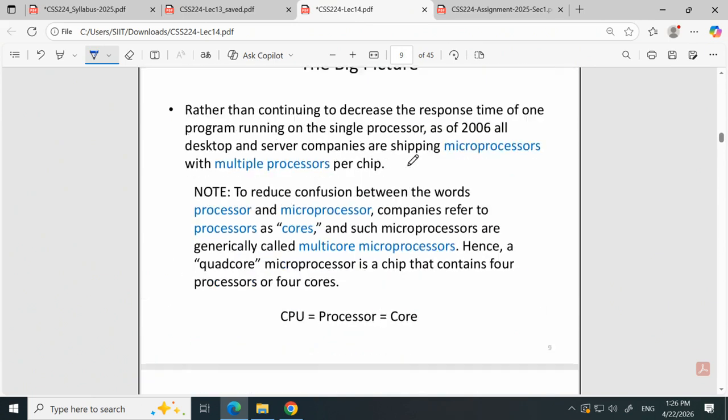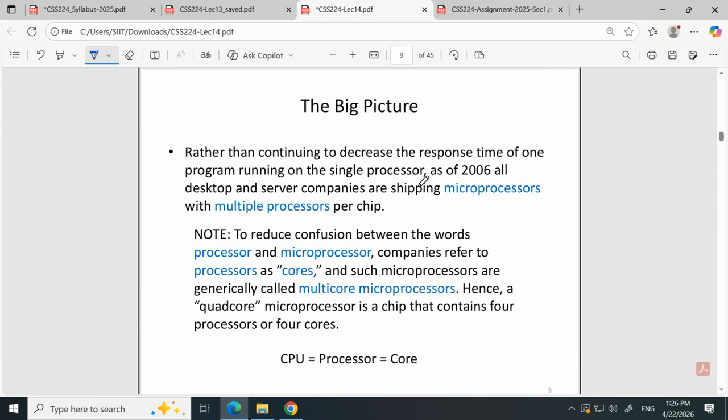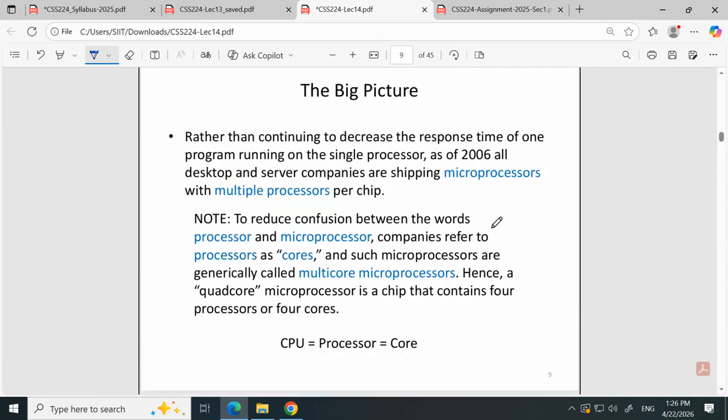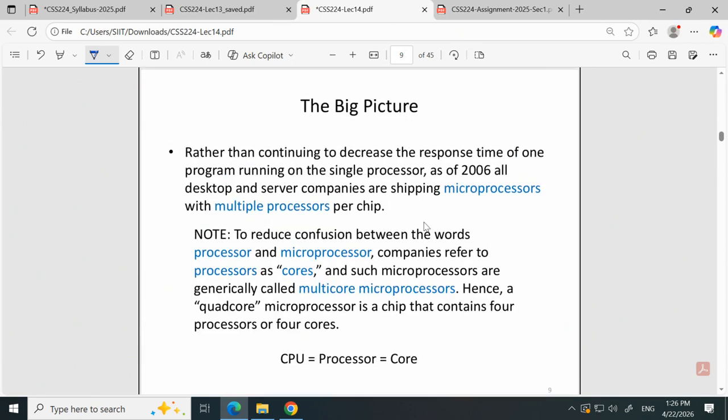So you need to understand some terms, so you would not get confused. When we talk about a microprocessor, you need to think about a computer chip. When we talk about a processor, you need to think about a CPU. CPU, processor, or core, the same thing. It's just an integrated circuit, not a chip. An integrated circuit consists of a lot of transistors.